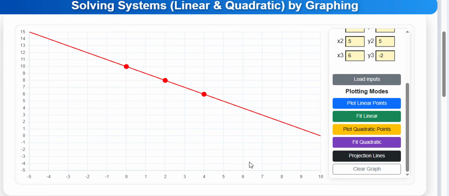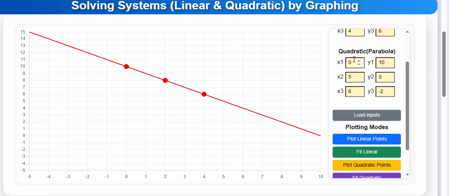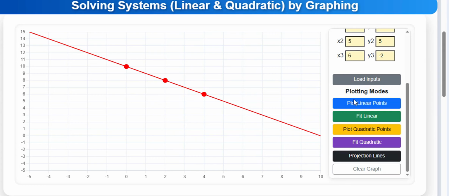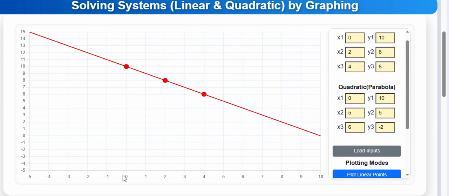Can we do the same for the quadratic one? I have (0, 10) for the quadratic, which is somewhere here. Then I also have (5, 5), which is here.